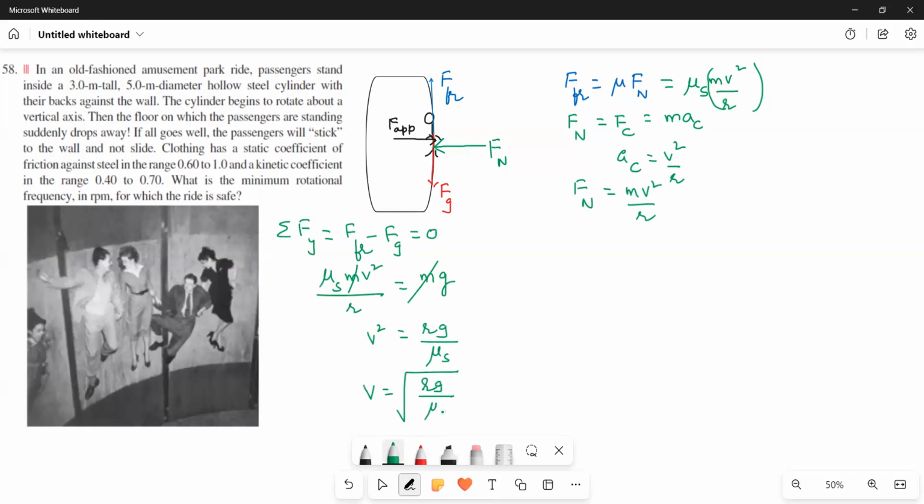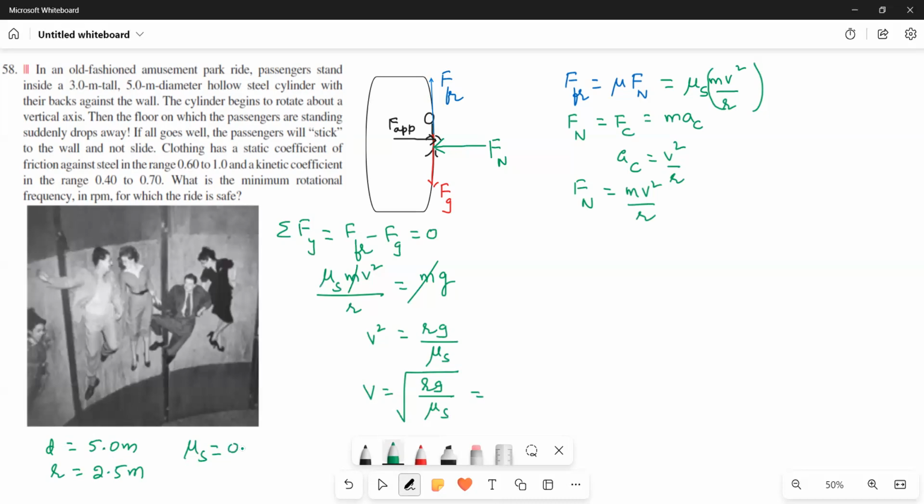Or v is equal to the square root of Rg over mu s. If I substitute the values, he gave diameter D equal to 5 meters, therefore R is equal to 2.5 meters. And mu s is in the range of 0.6 to 1.